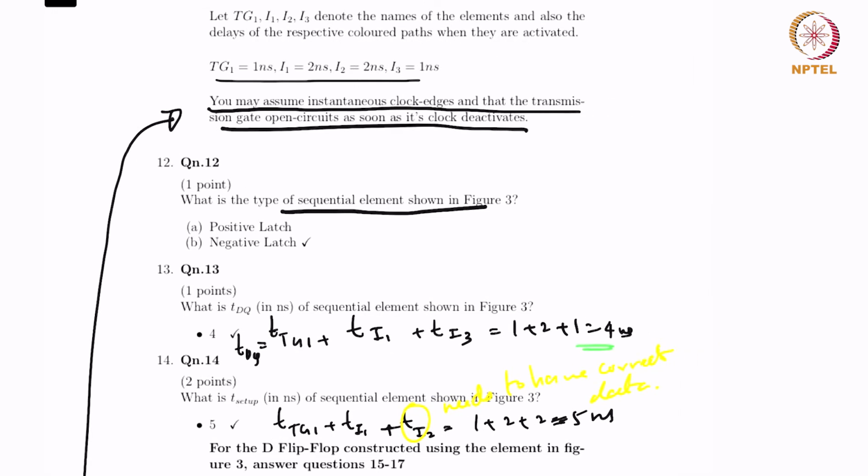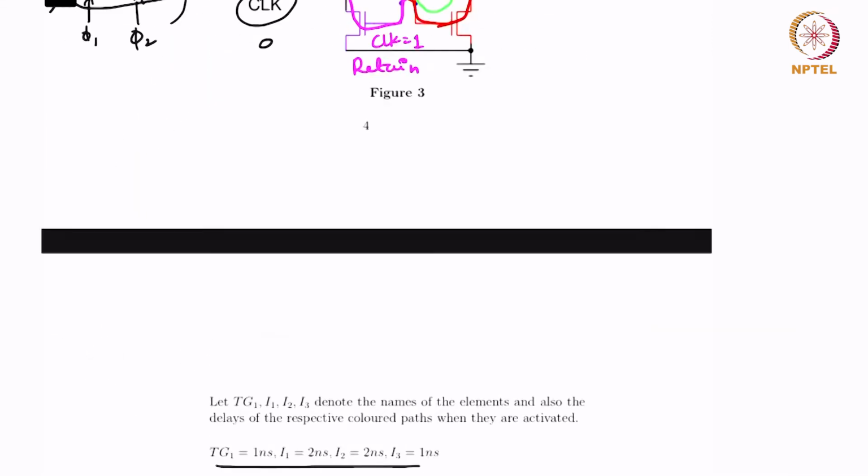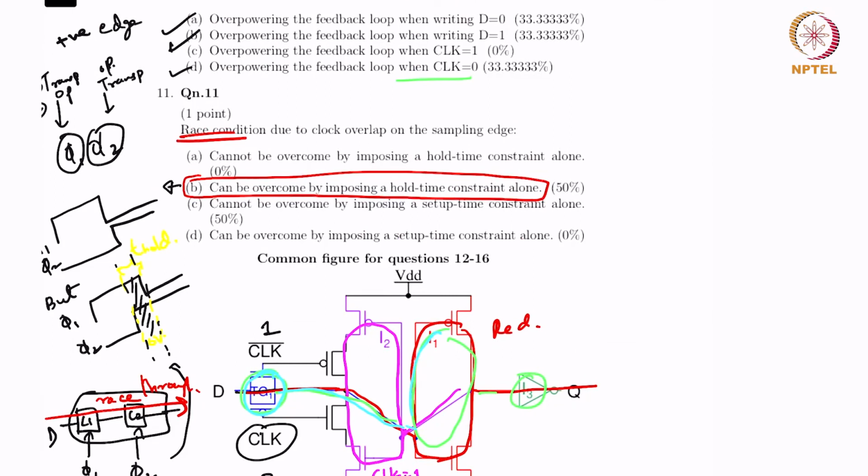So always for setup time we need the feedback path to have settled. So that's exactly what we are looking for here. Which is nothing but TG1 and TI1, and due to this the feedback path TI2. So all of this must settle.